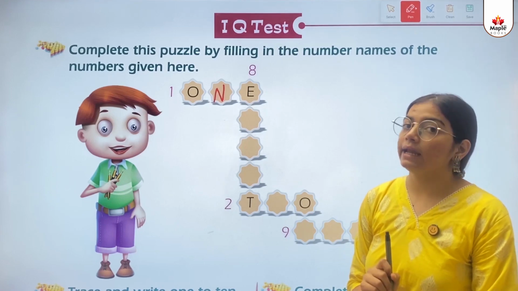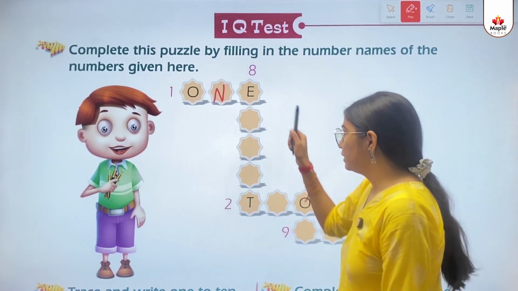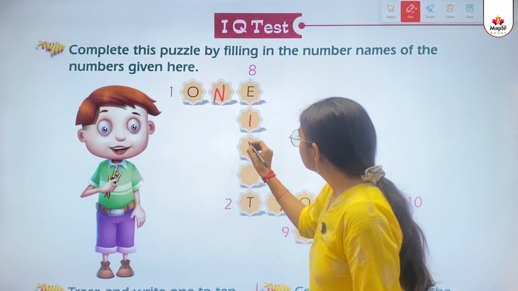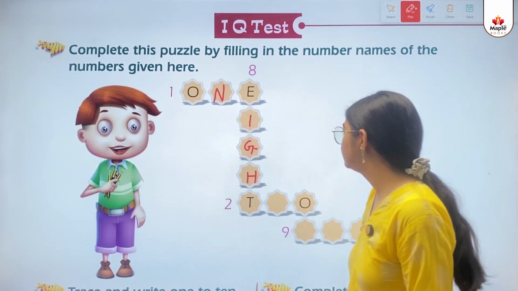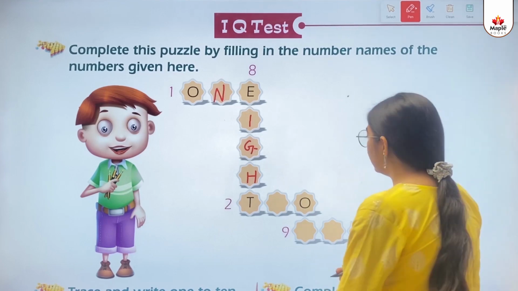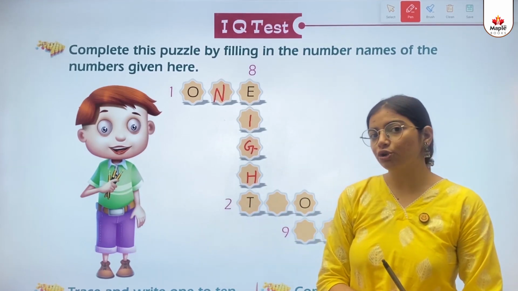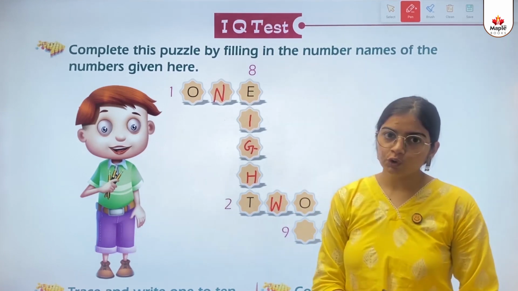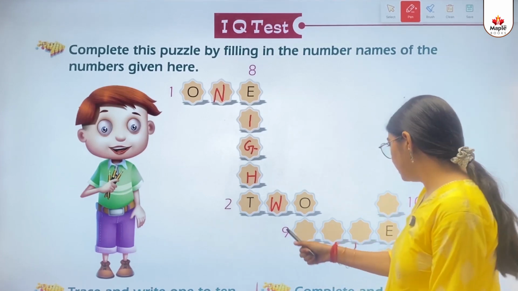Clear? Then, what is written here? This is 8. So, we will write here 8. E is already given. I G H T, 8. Then, what is written here? This is number 2. T W O, 2. Then another one.